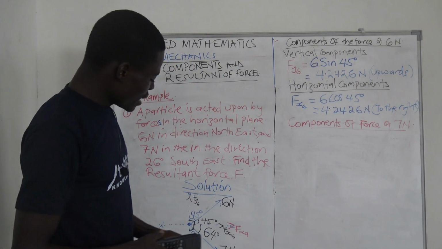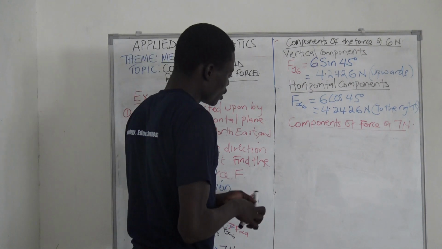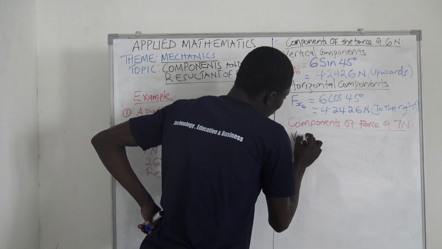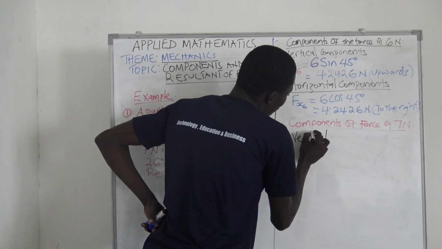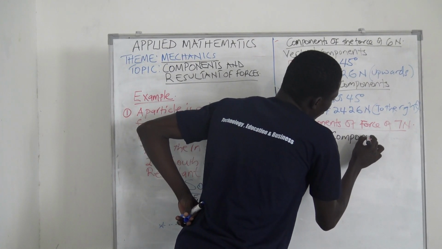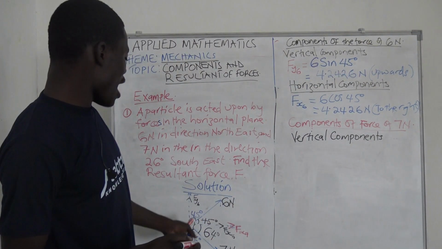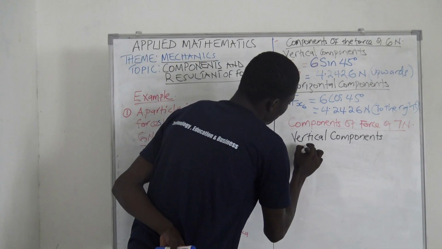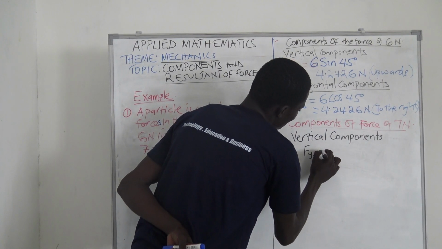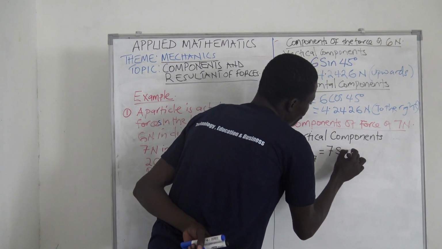So after getting vertical and horizontal components, you come and get their magnitude. So we shall calculate the vertical component. The vertical component, we have our F of y due to 7 is given by the force itself, which is 7, times the sine of the angle.